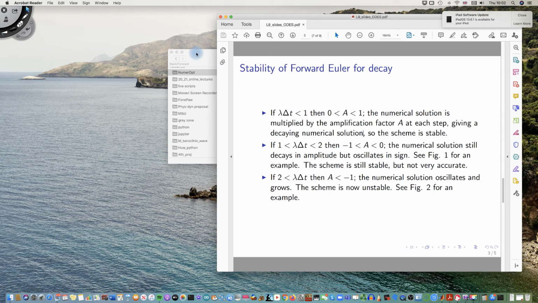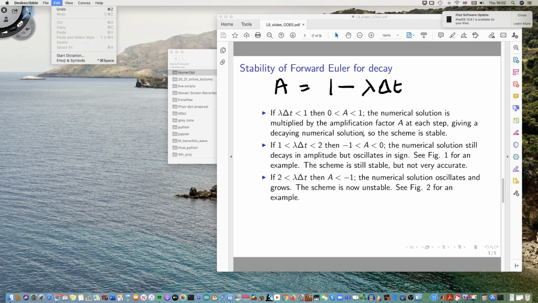So in fact, let me just write up what A is at the top of this little slide here for remembering what it is. So A equals 1 minus lambda delta t. So if we make lambda delta t less than 1, that means that A is between 0 and 1.